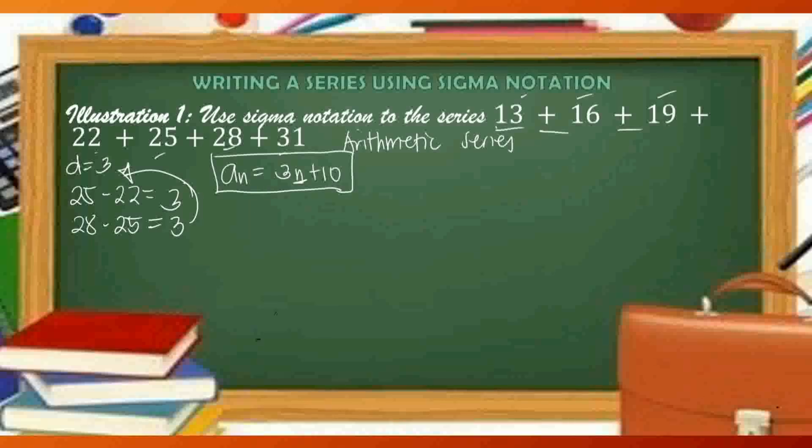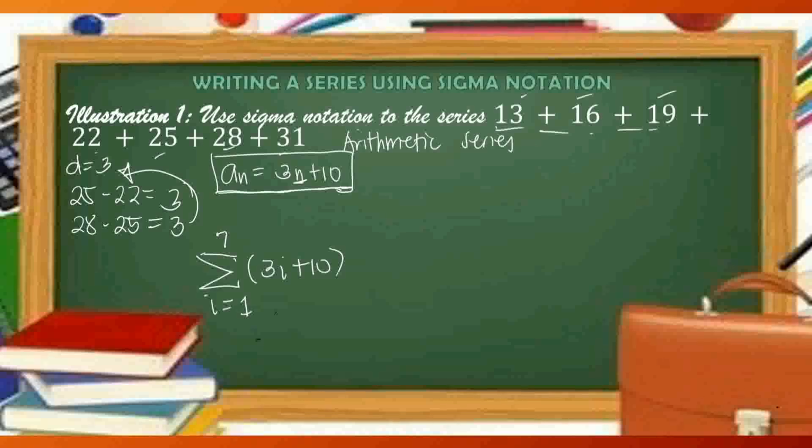So we're going to use this equation to represent this series in sigma notation. So sigma notation, 3n plus 10. We'll change n to i, where i is equal to from 1 to n, which is 7, since we have 7 terms in this series.